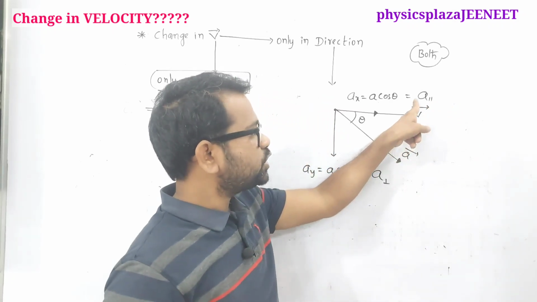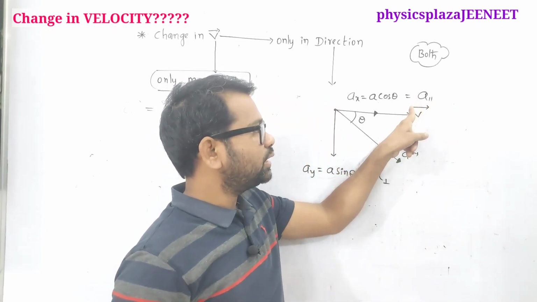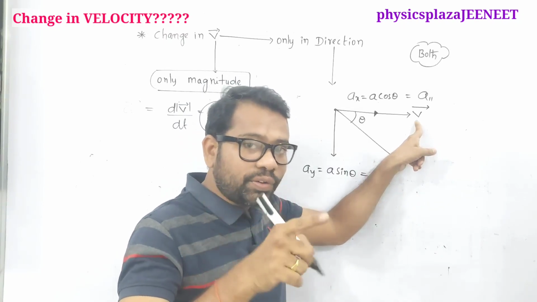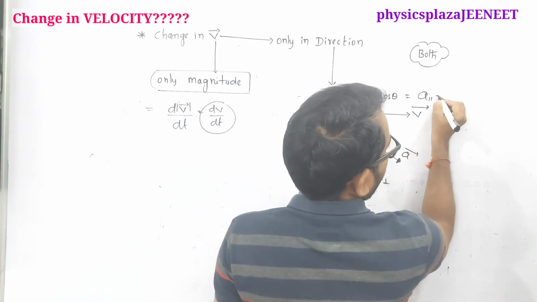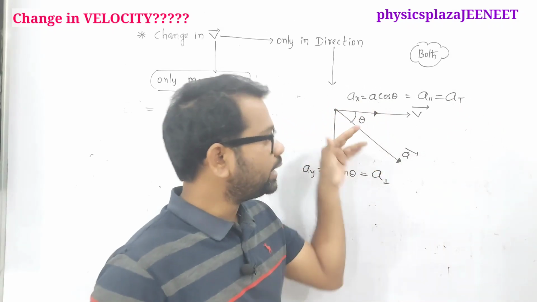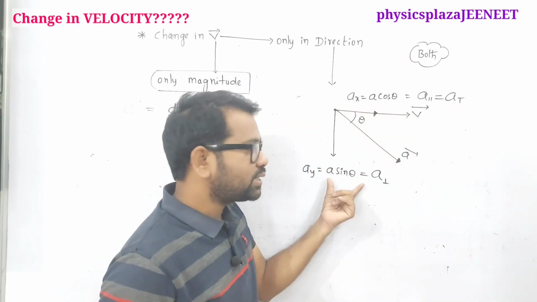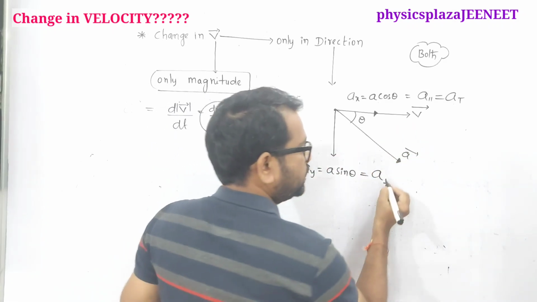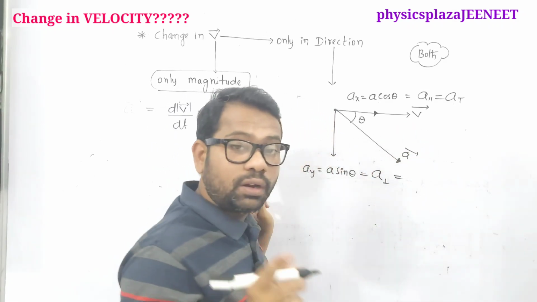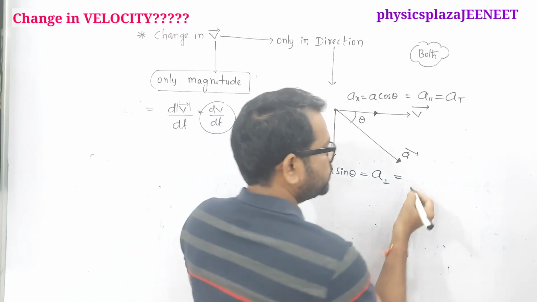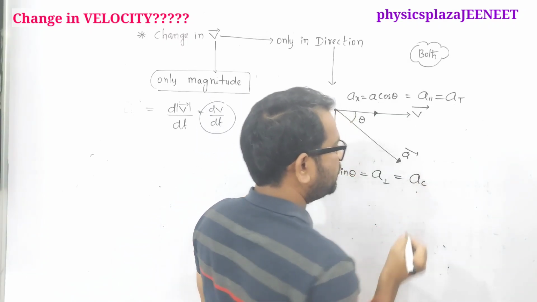The acceleration acting in the direction of velocity changes the magnitude of the velocity, so it is nothing but tangential acceleration. Whereas the acceleration perpendicular to the direction of velocity changes only the direction but not the magnitude. So this is centripetal acceleration.